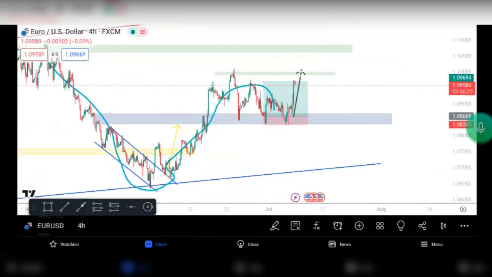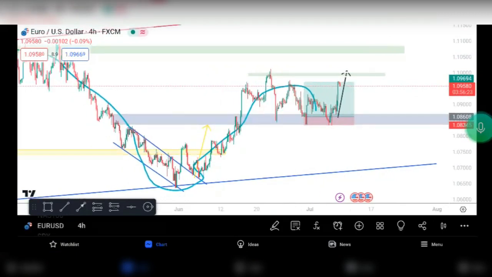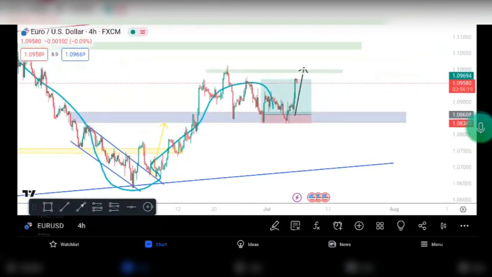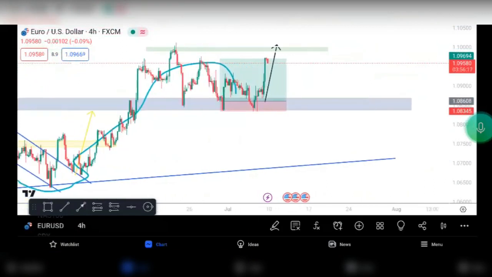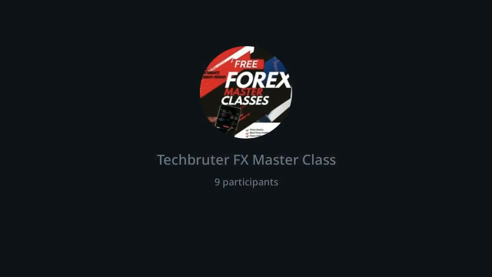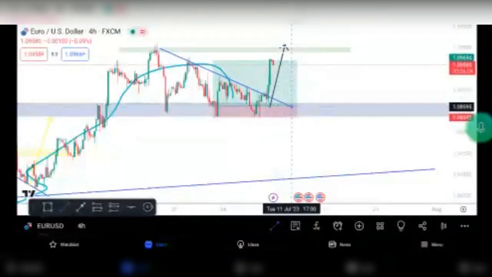Okay, this is our 4 hours time frame. All right. If you draw your trend lines properly, this is Euro USD, the almighty Euro USD.